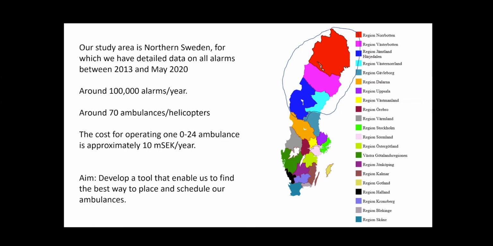Just to give you an idea of the cost, operating one ambulance 24 hours, 7 days per week costs approximately 10 million Swedish crowns per year. And again, the aim is to develop a tool that enables us to find the best way. We need, of course, to define what we mean by that, the best way to place and schedule our ambulances.